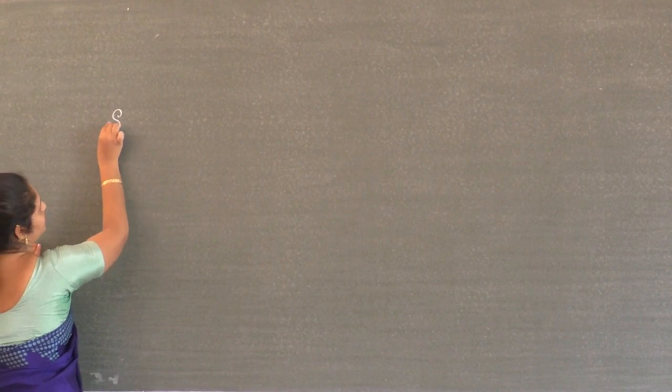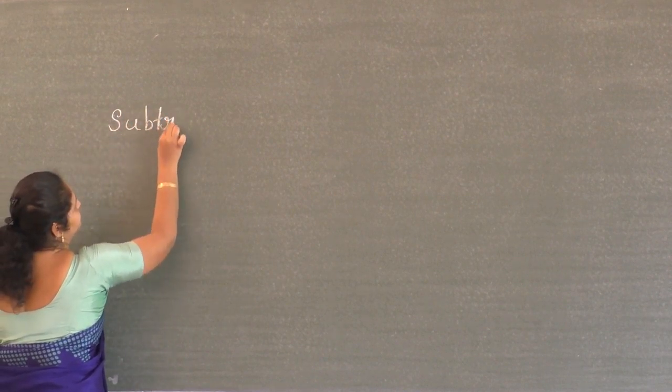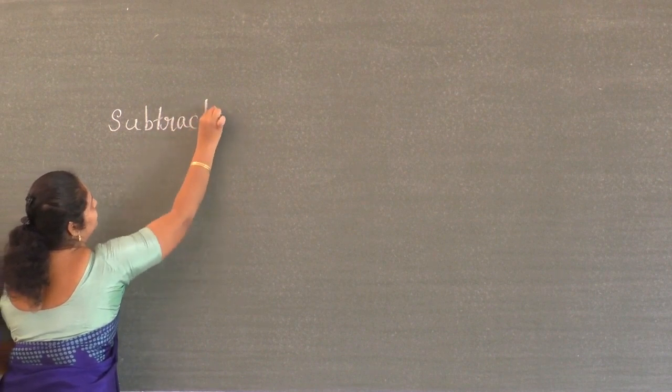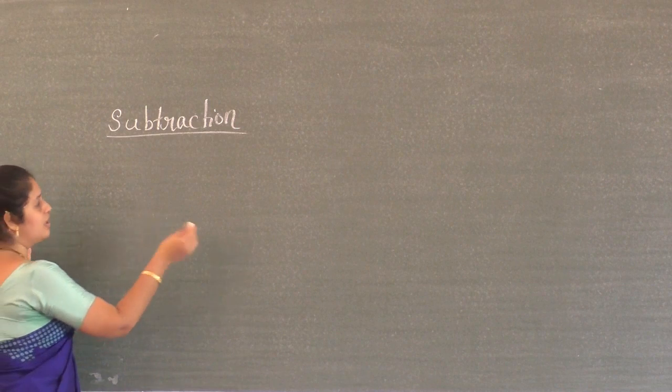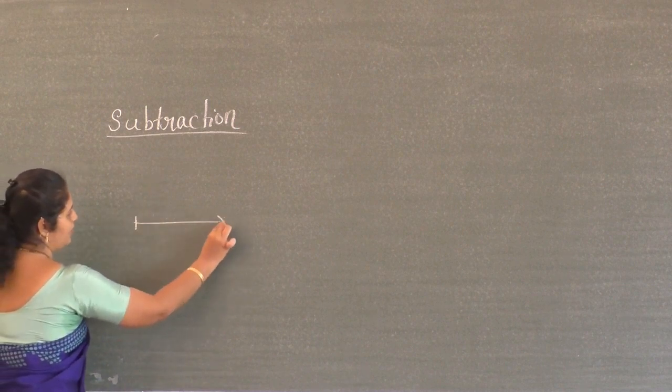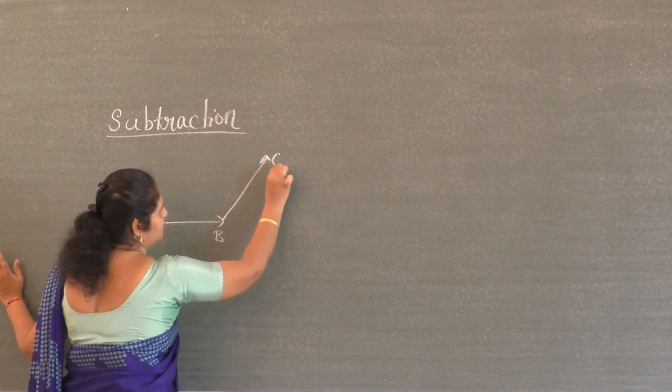Now let us see subtraction. Now consider vector AB and vector BC.